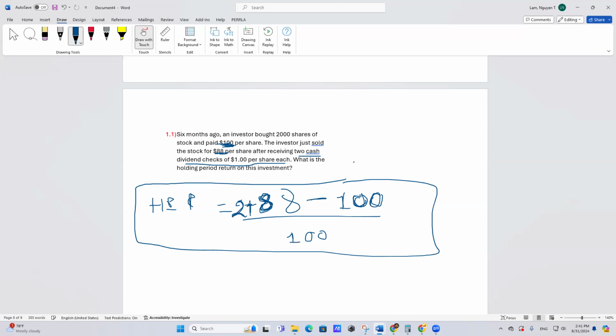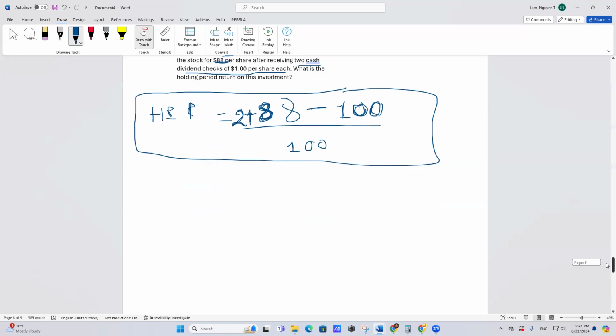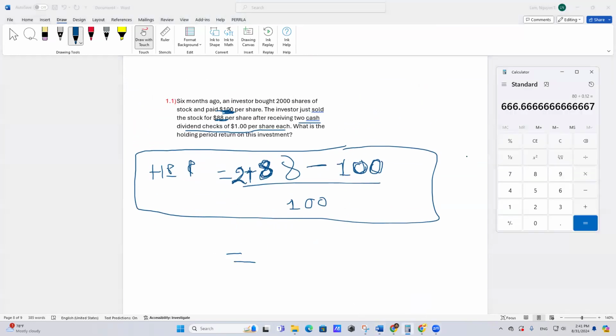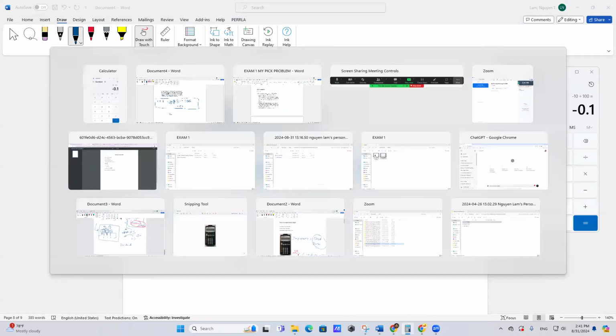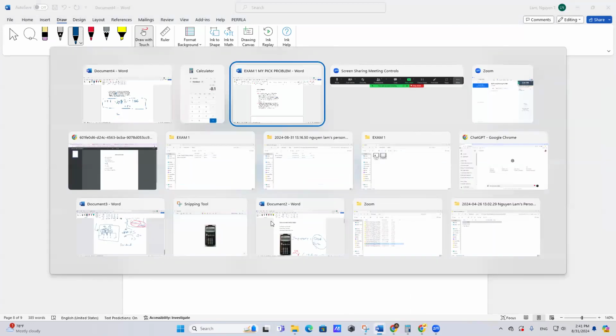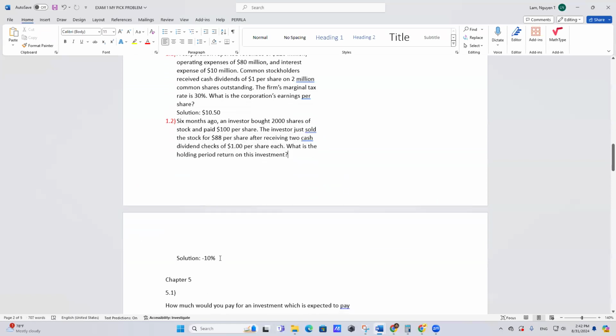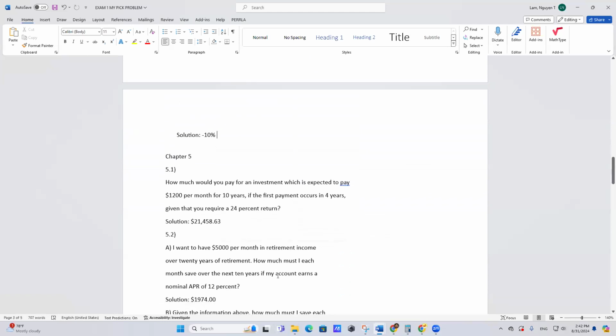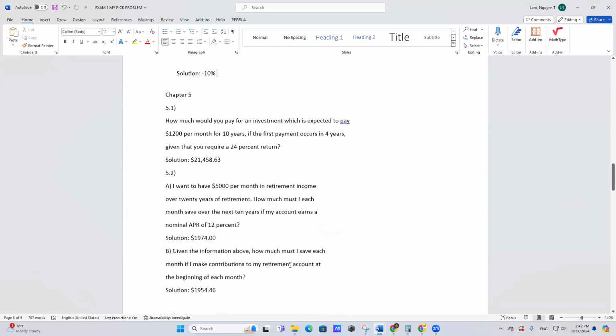This is just the equation. It's also called percentage change. And so the answer should be 2 plus 88 minus 100 divided by 100, right? So it's gonna be negative 10%. And the answer is negative 10%. So make sure you also know how to do this. It's gonna be thrown in there as well.